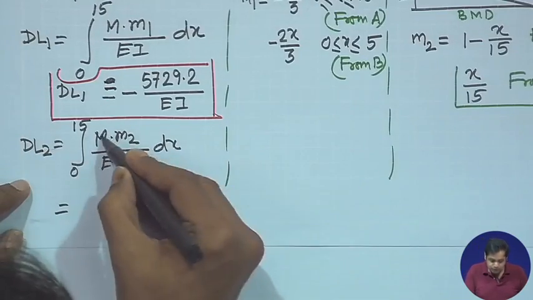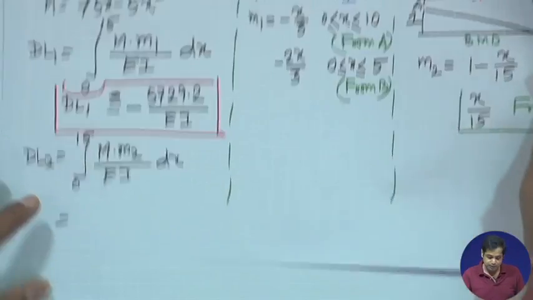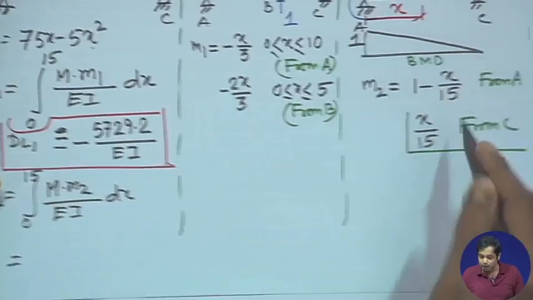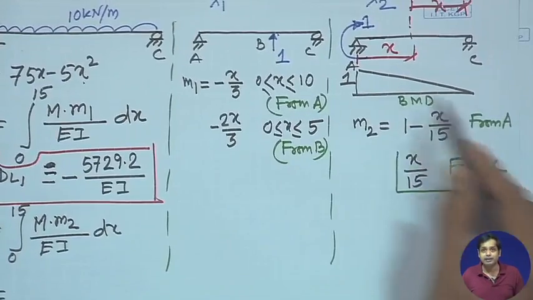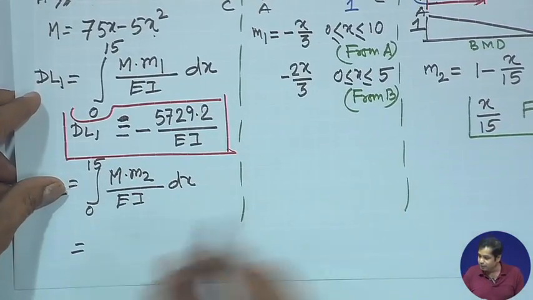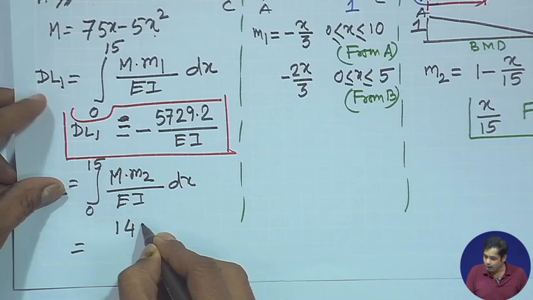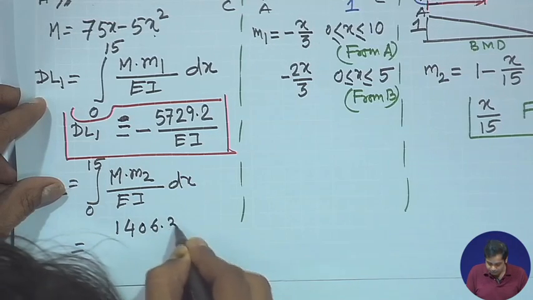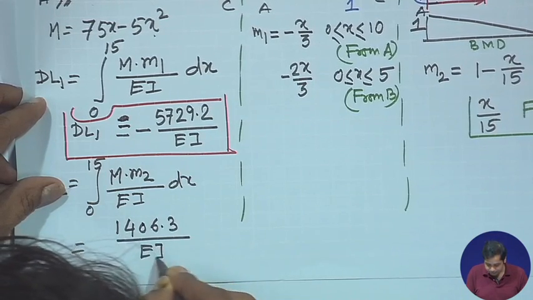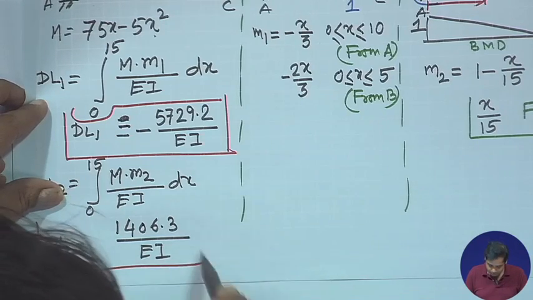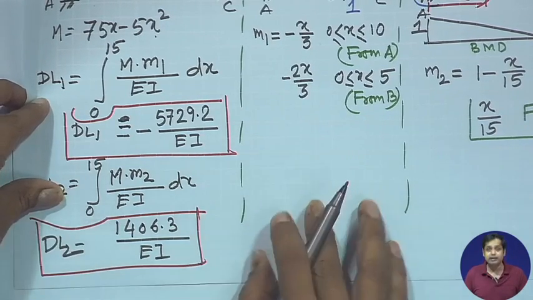You can substitute m from this and small m2 from this, and if we do that, this expression becomes 1406.3 by EI. This is DL2. Please do this integration and check these values.